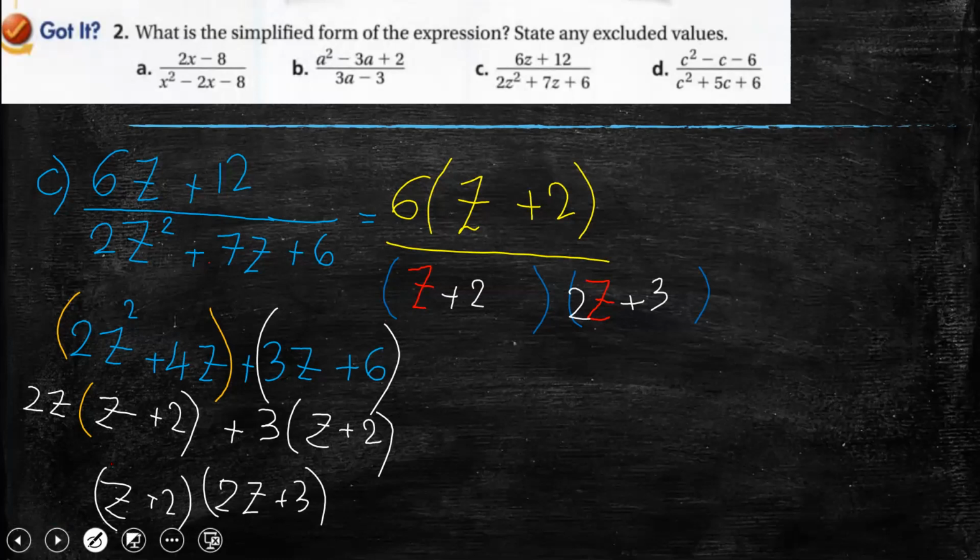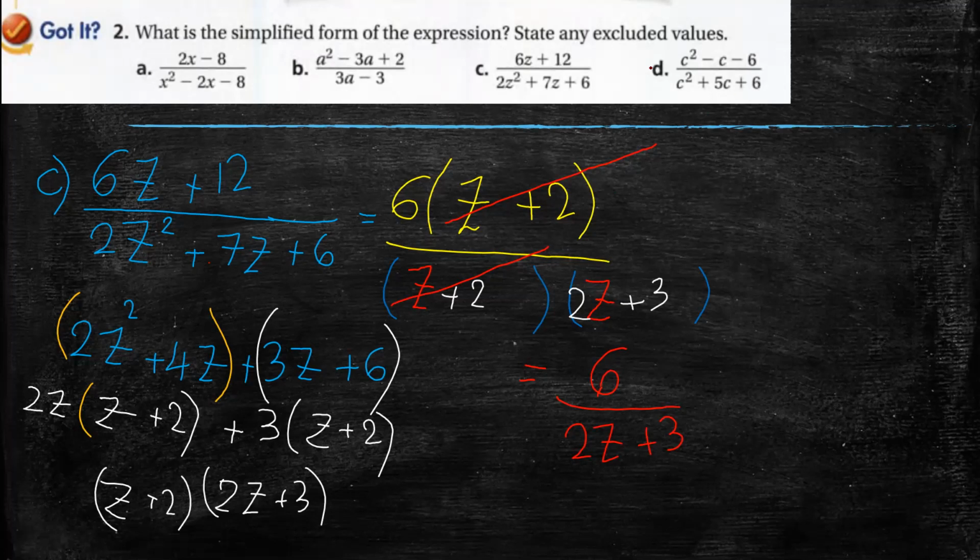Then we have to simplify z plus 2 with z plus 2. So we have 6 over 2z plus 3. Is it clear now? Yes, thank you, teacher.